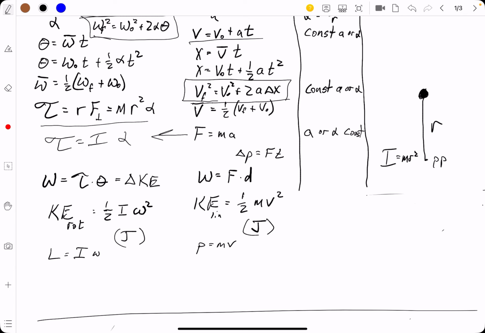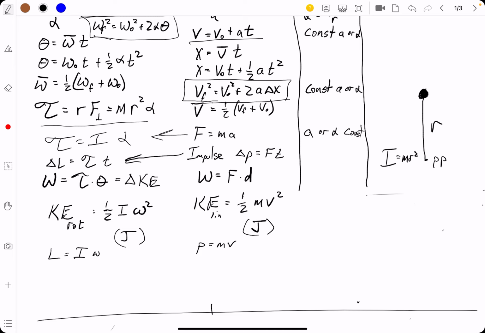That's our impulse. And we can do the same thing. We can say delta L is equal to our torque times time. Okay, so our rotational impulse is also an impulse.